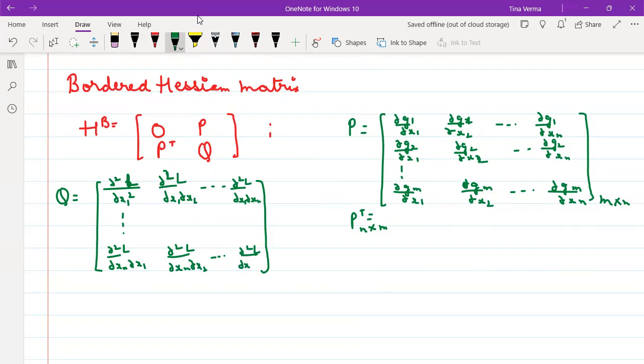These lambdas sometimes we call Lagrange multipliers. ये eigen values नहीं है. These are your Lagrange multipliers, right? That's why the name is Lagrange multiplier method. So ∂xn², that will be your square. What will be the order of this? N cross n, right?